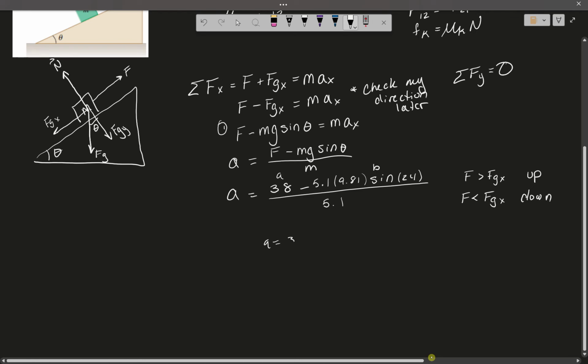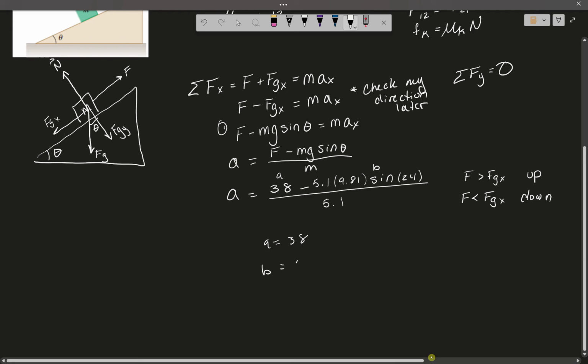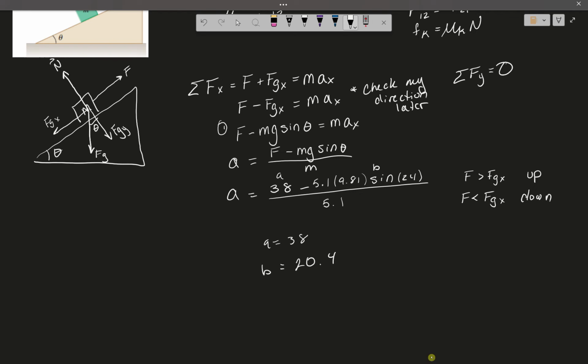So A is 38, B is 20.4. Because A is greater than B, because my applied force is greater than my force of gravity in the x direction, we know that the block is going to move up the inclined plane, thus having a positive acceleration makes sense.